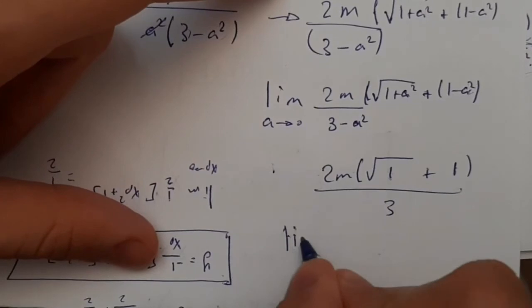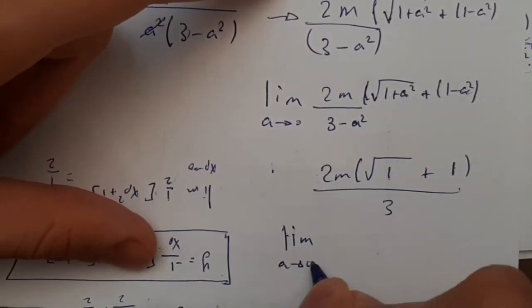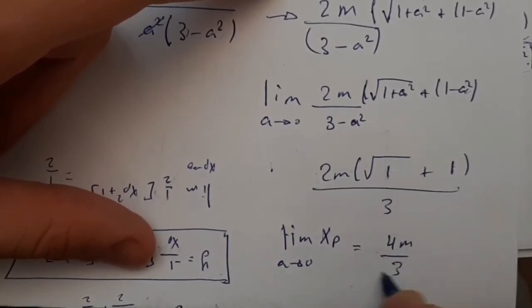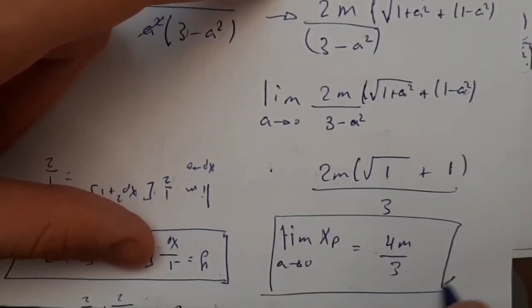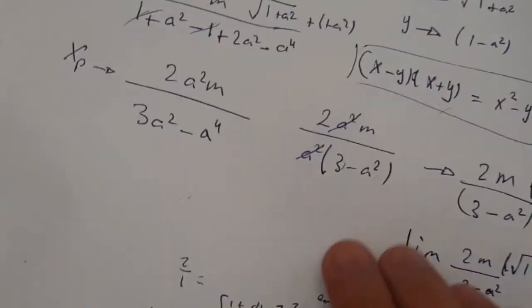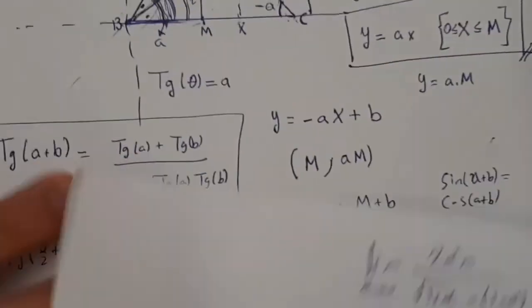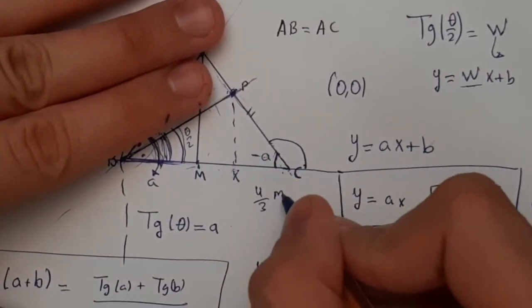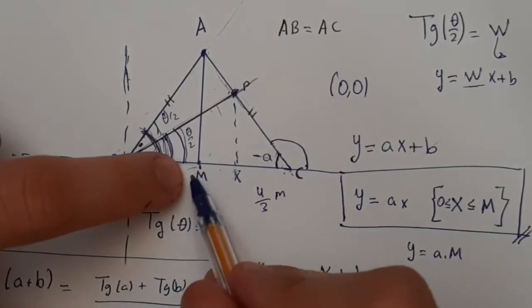So this limit, when a goes to 0, of x of p is equal to 4m divided by 3. And this is what our x is going to approach, okay? It's going to approach 4 divided by 3 of m. It depends on this m over here.